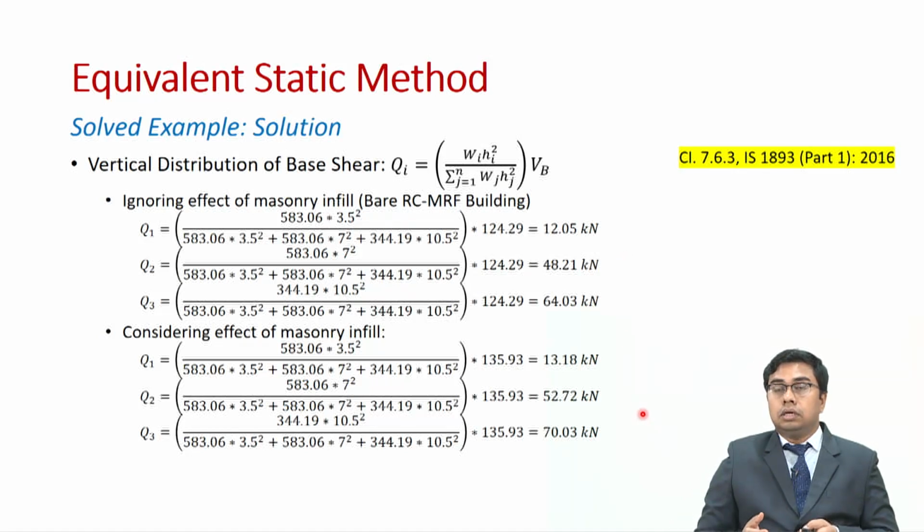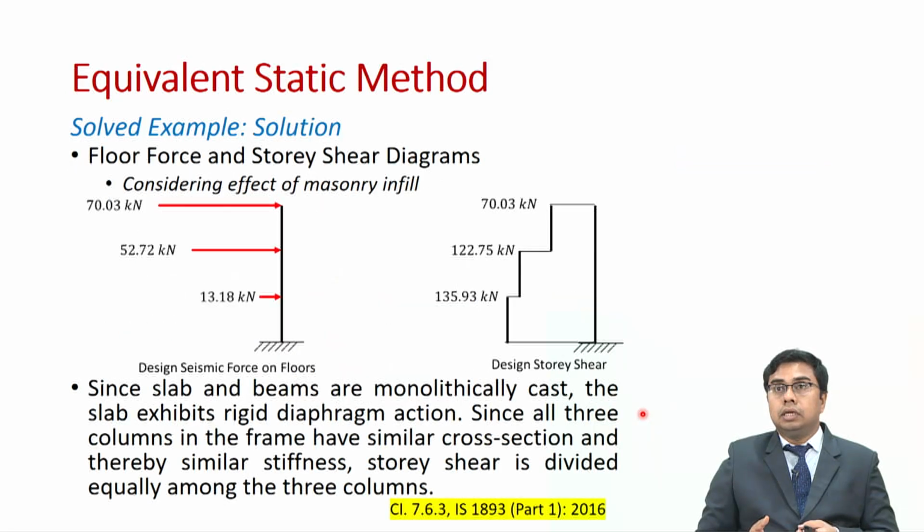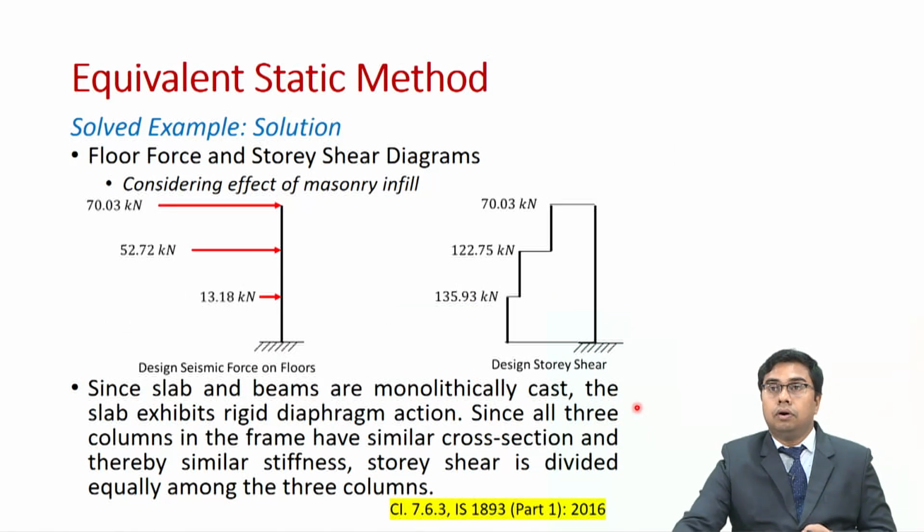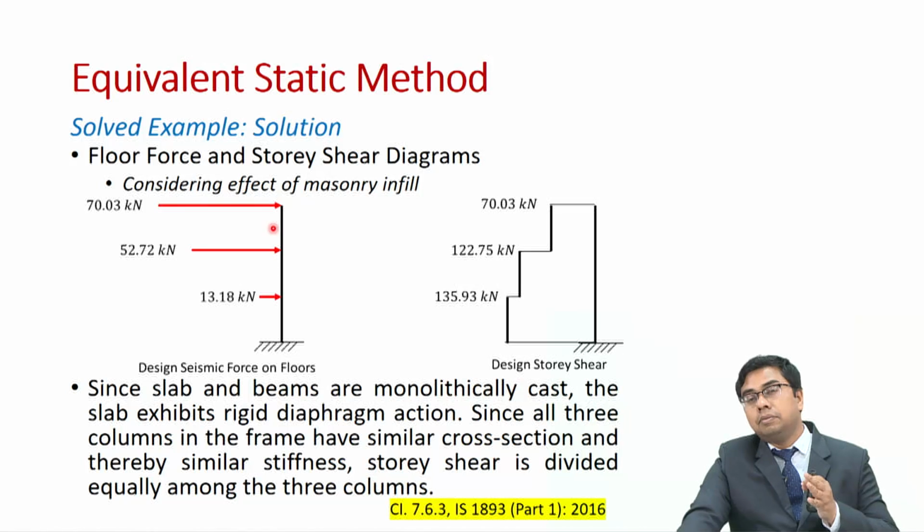So, let us show it through a schematic diagram. On the schematic diagram, as we can see, the first floor level force is 13.18 kilonewton, the second floor level force is 52.72 kilonewton, and the roof level force is equal to 70.03 kilonewton. Now, if we start summing up the forces from above to below, what you will find becomes your story shear.